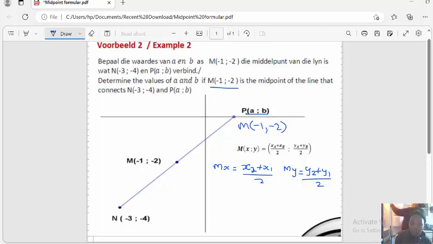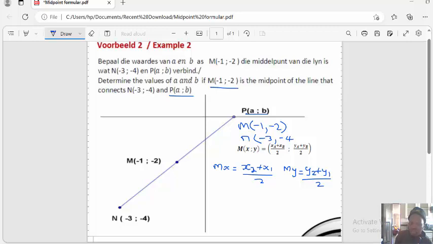That's your points for m, and your points for n are -3 and -4. You are looking for the points of P, right?